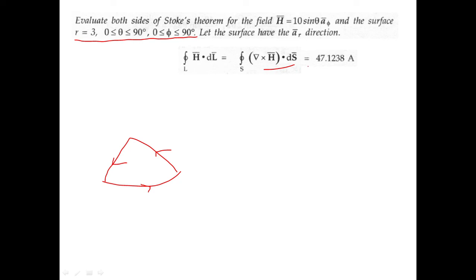The answer for both the sides should be 47.1238 amperes. Anyway, I'll give the detailed solution of this in Google Classroom, but I want you to solve this problem by yourself. Once you identify the segment and you know what is dL for that particular segment, it is very easy to solve.